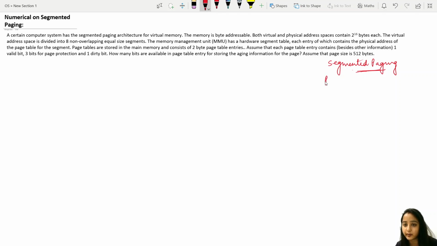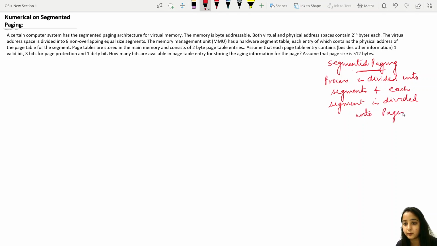So here the process is divided into segments, and each segment is divided into pages. This simply you have to remember.